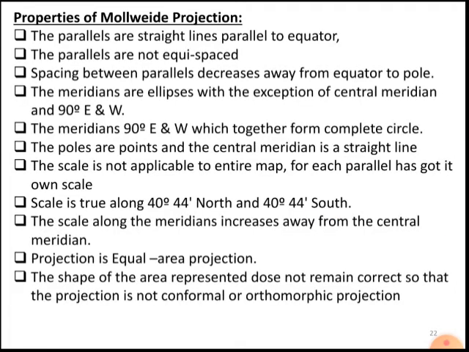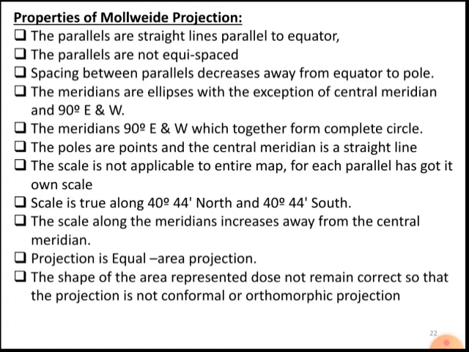So there are some properties you can read and understand, but I'll just read them out for you. The properties of this projection are like this. First, the parallels are straight lines, parallel to the equator. The parallels are not equispaced, because the spacing between the parallels decreases away from the equator toward both poles, as I told.